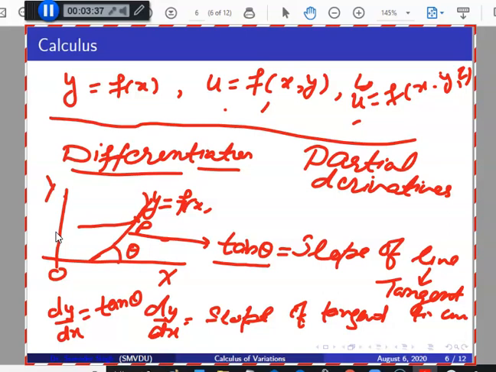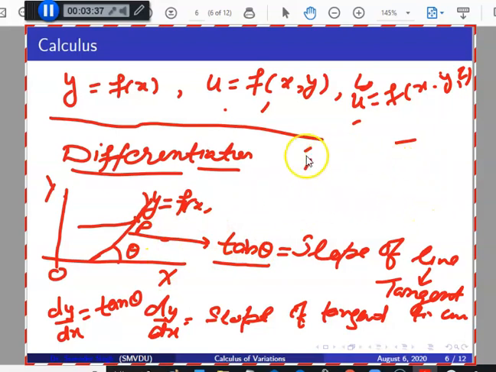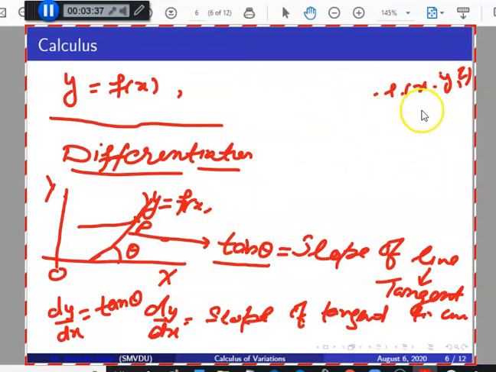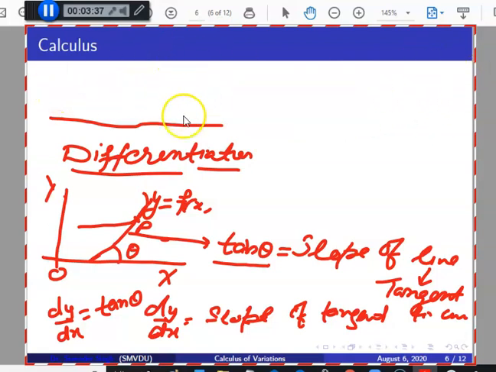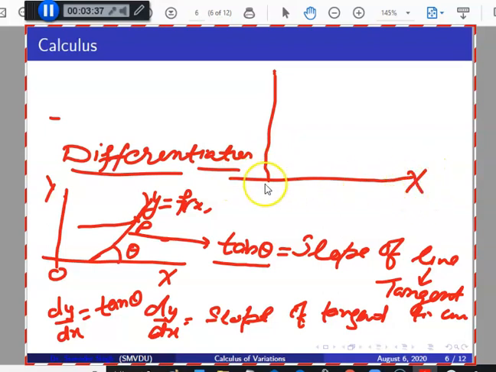You see, in fact, you can visualize the situation in this manner. Let x origin and then y.